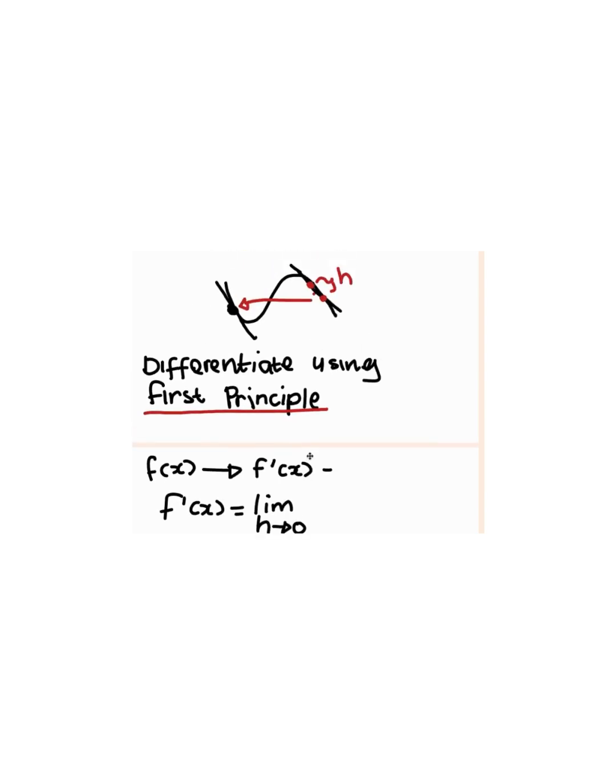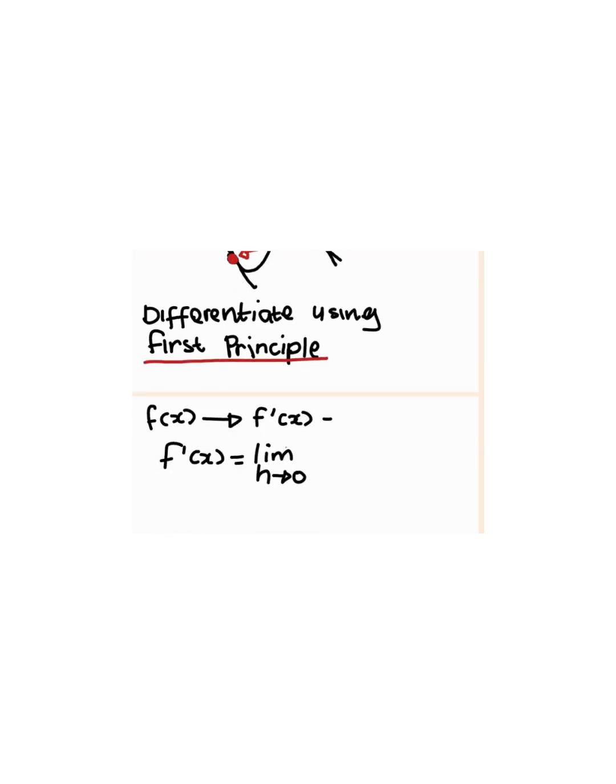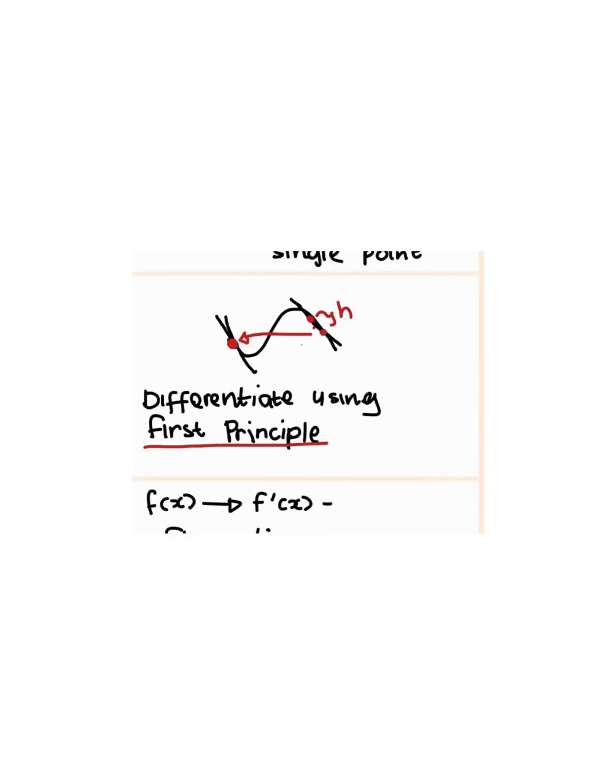What does this mean? Remember when I talked about these 2 points moving closer and closer to each other until they are now a single point, and then they can be a tangent. So this limit as h tends to 0, this is what it means. As the distance between the 2 points gets smaller and smaller until it is at 0.